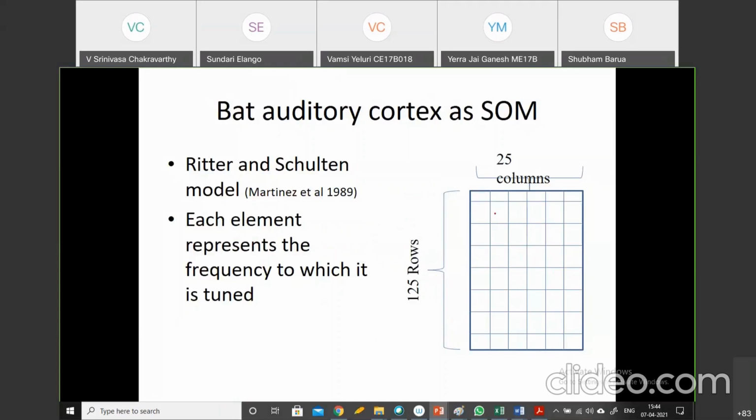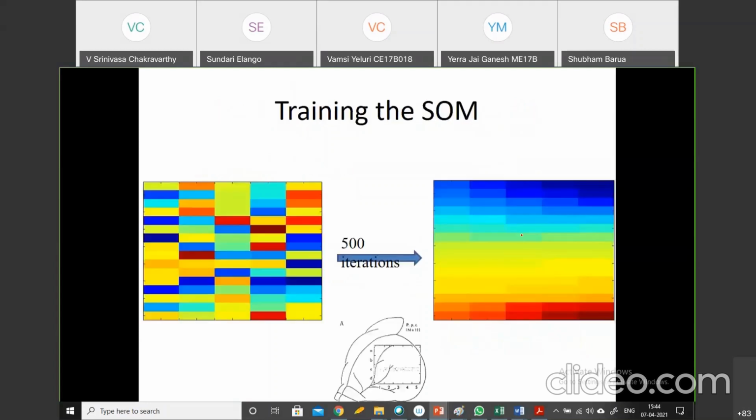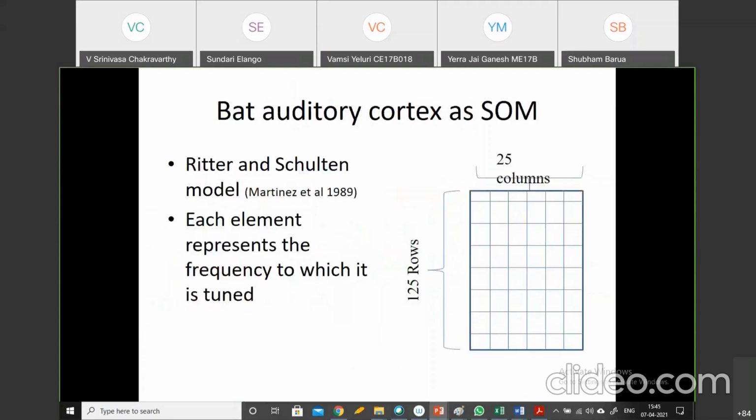Each cell in this array represents one number, which represents the frequency. Initially, these numbers are all randomly initialized, and then you take data from a distribution of frequencies. The frequency distribution is something like this.